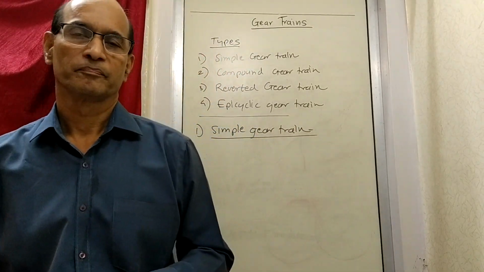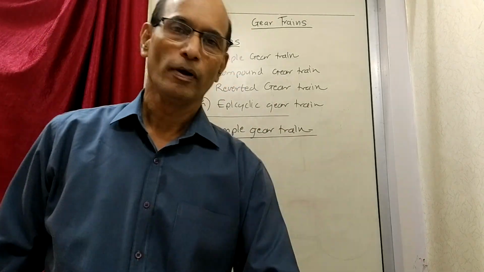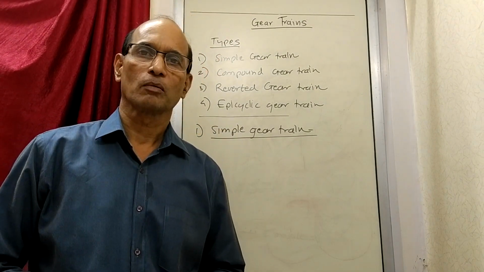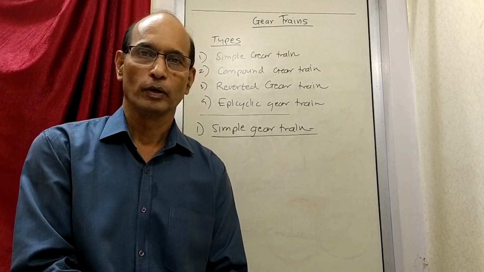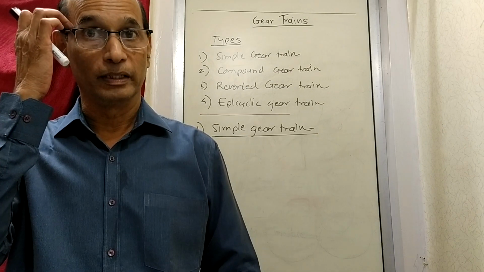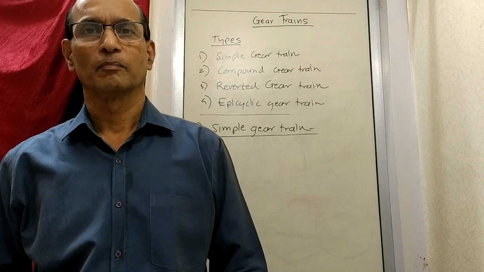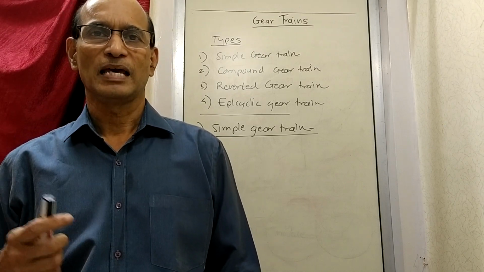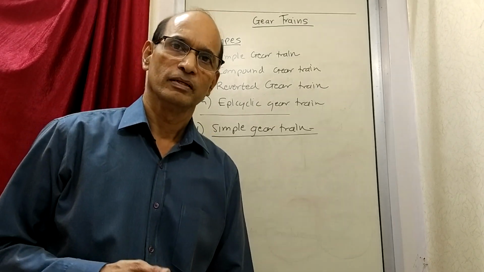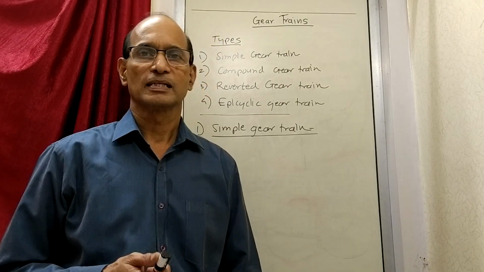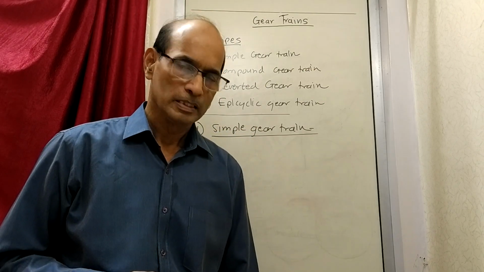What is a simple gear train? First write down the definition. When two or more gears are connected together such that the number of axes are same as number of gears, then such gear train is called as simple gear train.